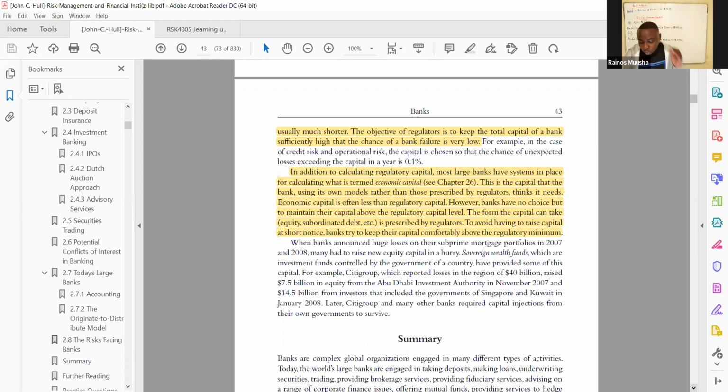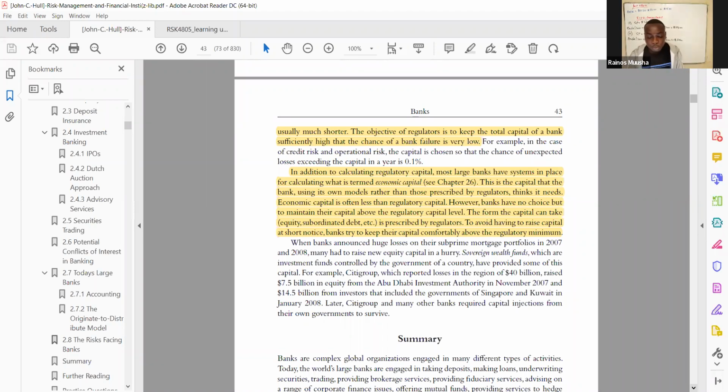However, banks have no choice but to maintain their capital above the regulatory capital level. The form that the capital can take is prescribed by regulators. To avoid having to raise capital at short notice, banks try to keep their capital comfortably above the regulatory minimum. So please take note.